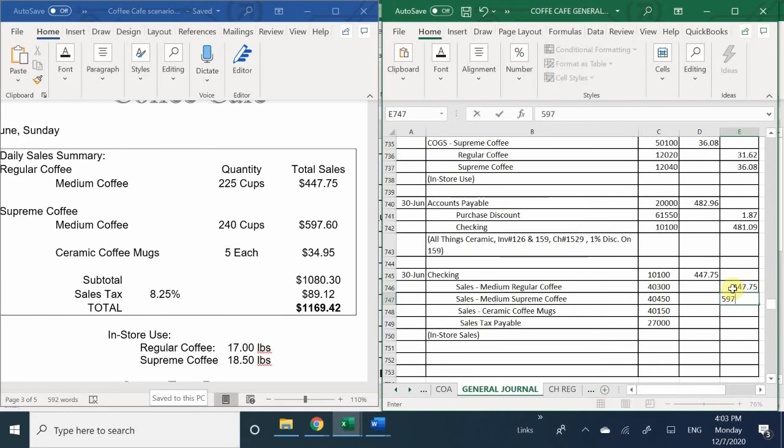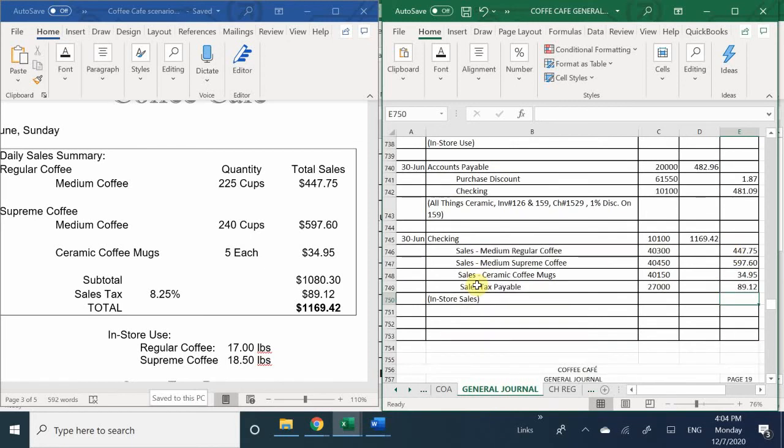Our supreme is going to be $597.60. Ceramic coffee mugs is $34.95. And sales tax came to $89.12. So 1169.42. Yes. All right, I match.